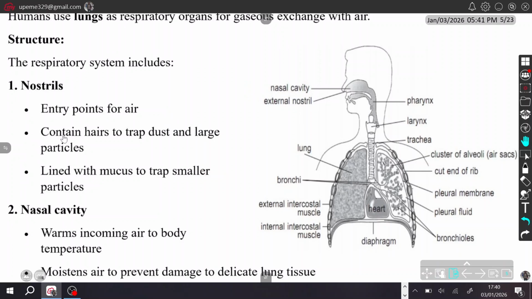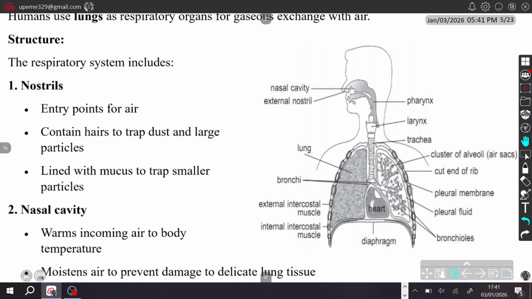They contain hairs to trap dust and large particles. So inside our nose there are hairs to trap dust and large particles. They are also lined with mucus to trap smaller particles. That's why inside our nose it is moist, meaning it is wet; what makes it wet is mucus.